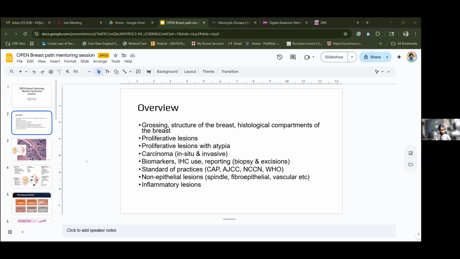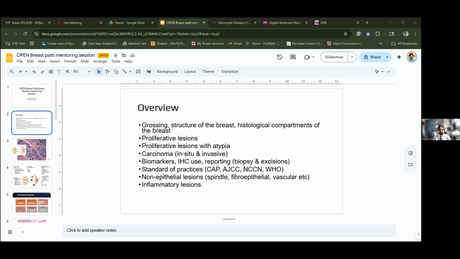So in this overview, I'm not going to go into deep details, criteria, or how the histology looks, but I would ask you to keep a low power view of the lesion and the histology. As you go through this module, you will notice that we have a section on grossing.